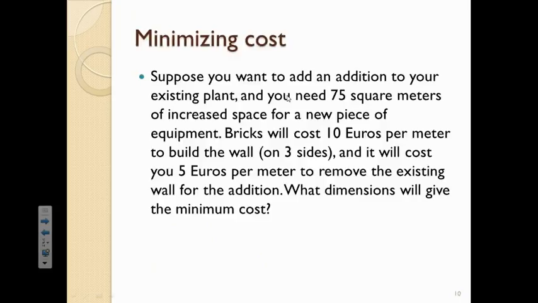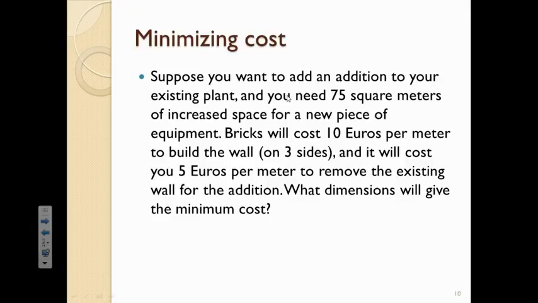Now, let's go on to a little different application that this first one served as a good introduction for the concept of it. Now let's put it into a little bit more of a business situation. Let's suppose that you're working for a company and they want to add an addition to your existing plant.